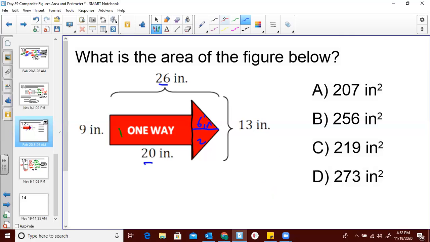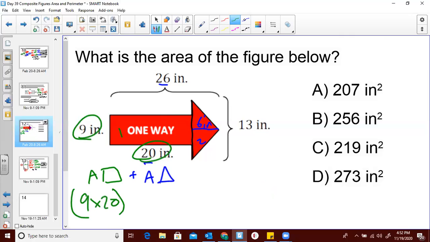All right, so now you're down to 2 pieces. So we have the area of a rectangle plus the area of a triangle. And we're adding them this time because it's all together. So we know that the length times the width of the rectangle, which is going to be 9 times 20.